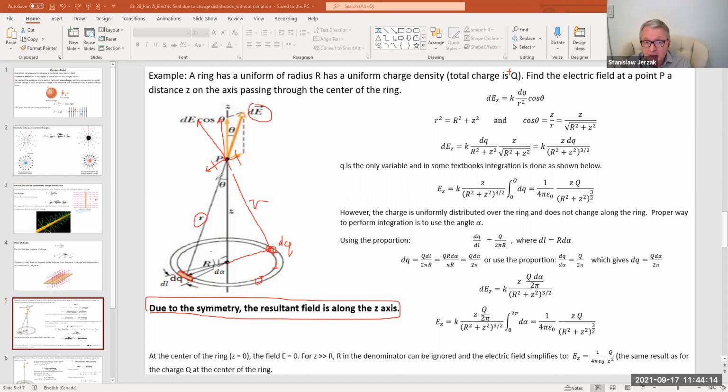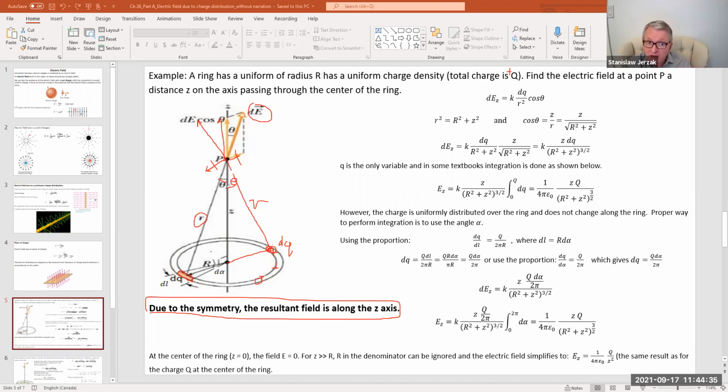In addition, I designated here this angle theta. So this is like the vertex angle for that cone. And that angle theta is also the same, because if you connect every element of the ring to point P, the angle between r and Z will be equal to theta, and it's constant.